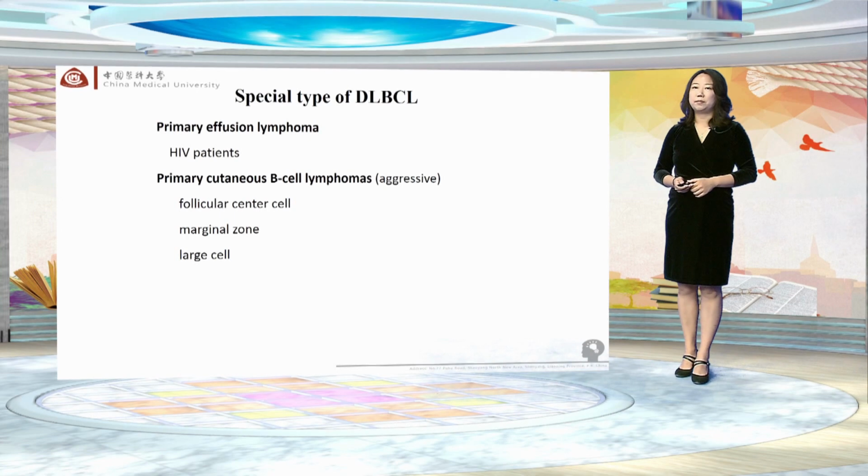Primary cutaneous B-cell lymphomas include follicular center cell, marginal zone, and large cell subtypes, and they share most of the histologic and immunophenotypic features. The large cell type has unique characteristics when it is localized on the legs. It presents in elderly patients and lacks the characteristic CD10 expression and the translocation of 14 and 18. The course is rarely aggressive.